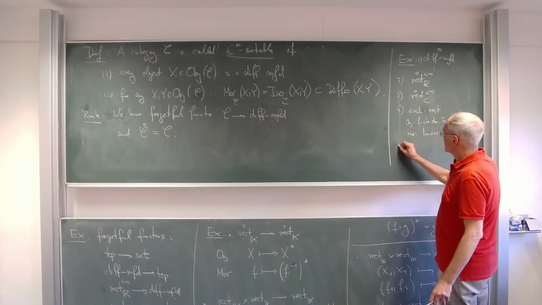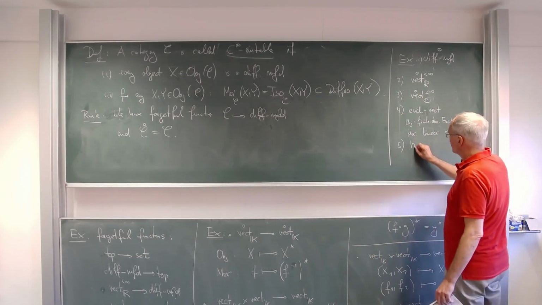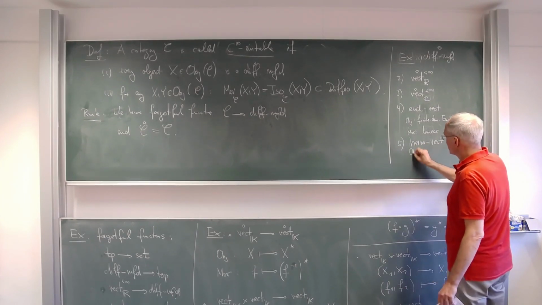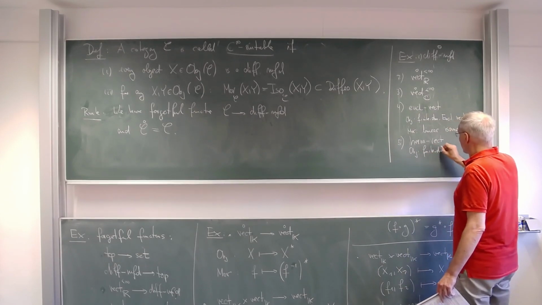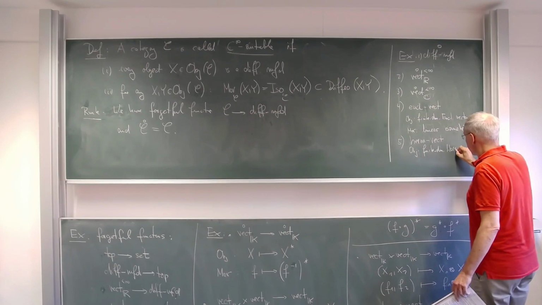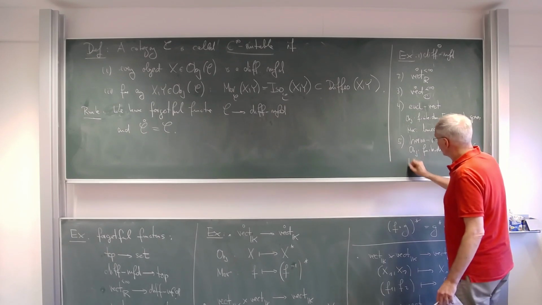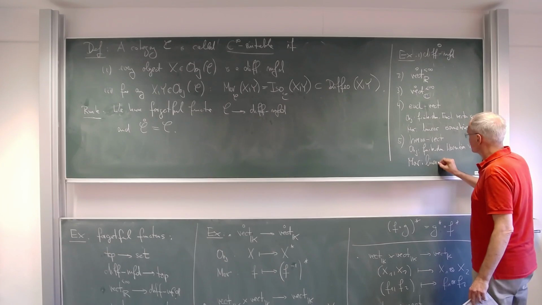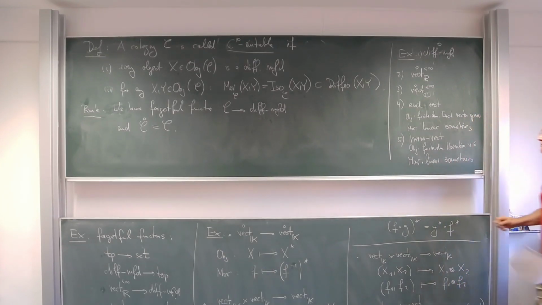Similarly, the corresponding complex analog would be Hermitian vector spaces. Here the objects are finite dimensional Hermitian vector spaces, and the morphisms are again linear isometries. That would be another such category that we will need.